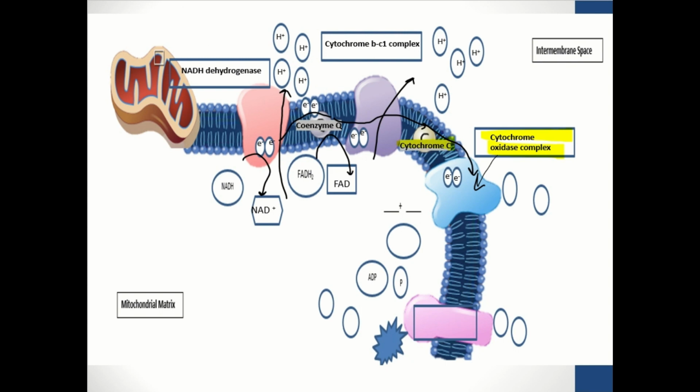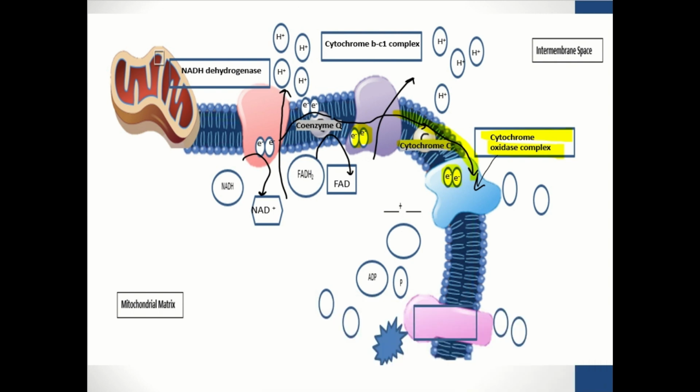You have your cytochrome C, which is our shuttle, so it has the ability to move the electrons back and forth. You can see here, the electrons are moving from the original location, the secondary location at the cytochrome BC1, to the cytochrome oxidase complex. That's your step 4.